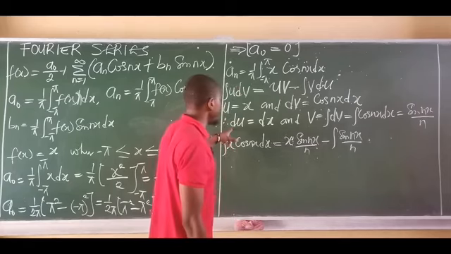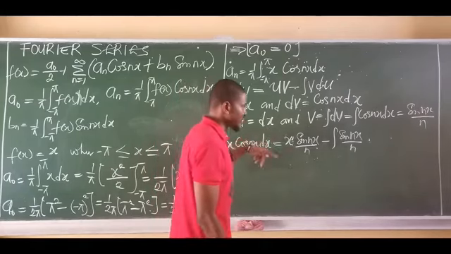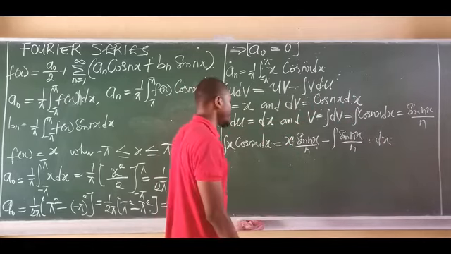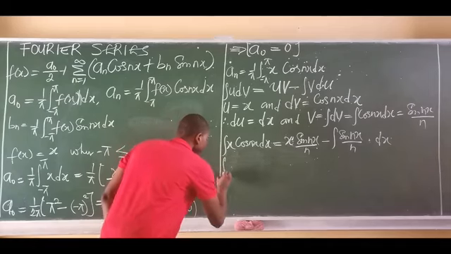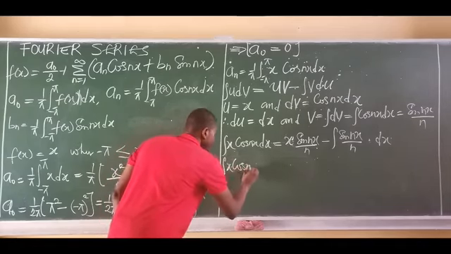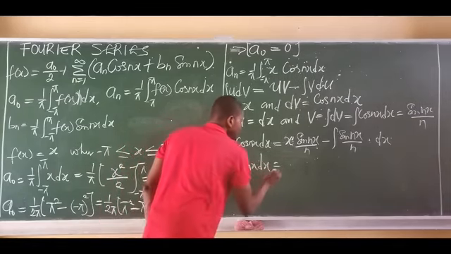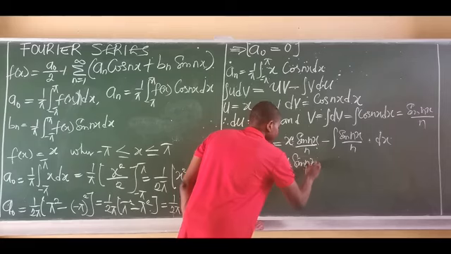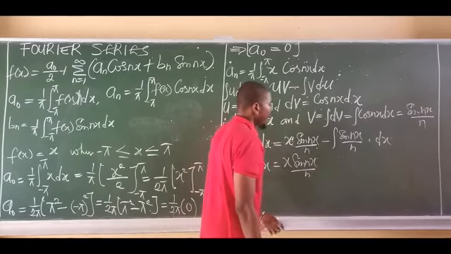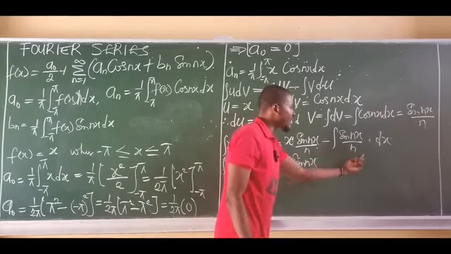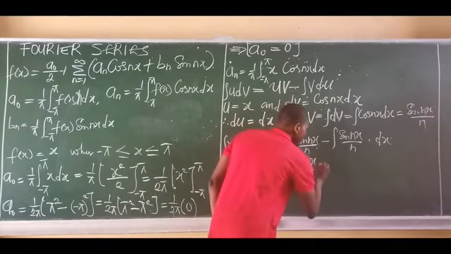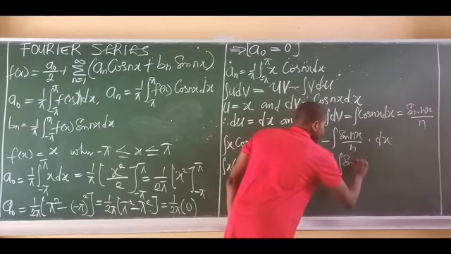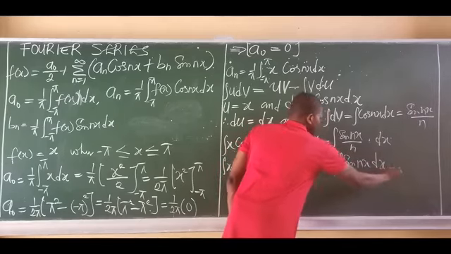Remember, du is equal to dx. So integral of x cos nx dx is equal to x sine nx all over n. I can factor out 1 all over n here, it is common. It becomes minus 1 all over n integral of sine nx dx.